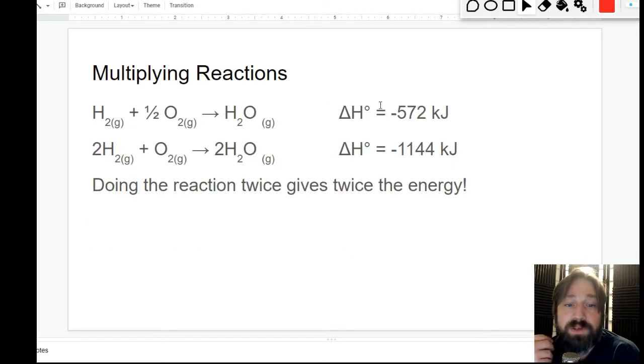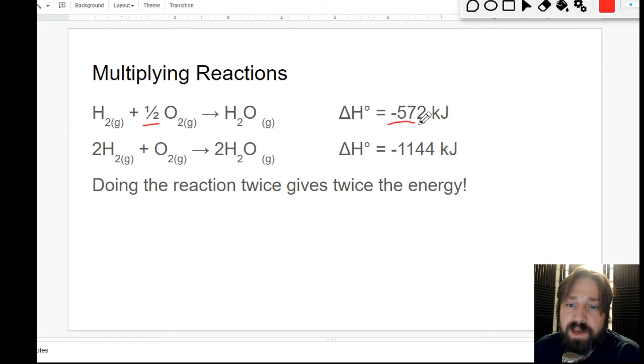Now you can also multiply reactions. So, for example, here, let's say that you see this sacrilege of a half in the coefficient. You say no. We got to double everything. So we're going to go through and double everything. We have 2 hydrogens, 1 O2 now, and 2 H2O.